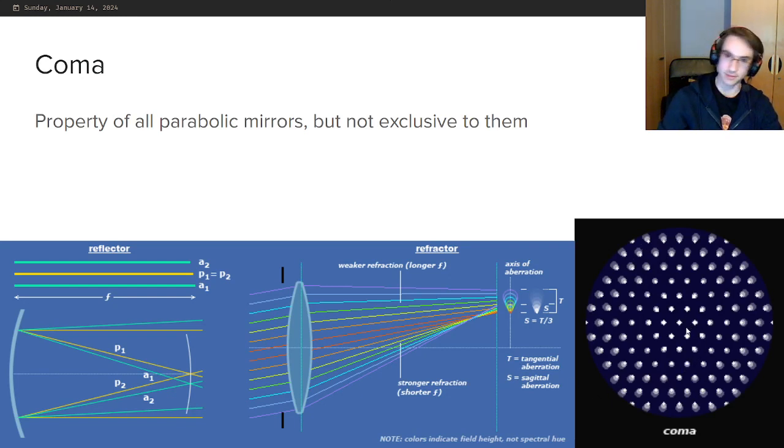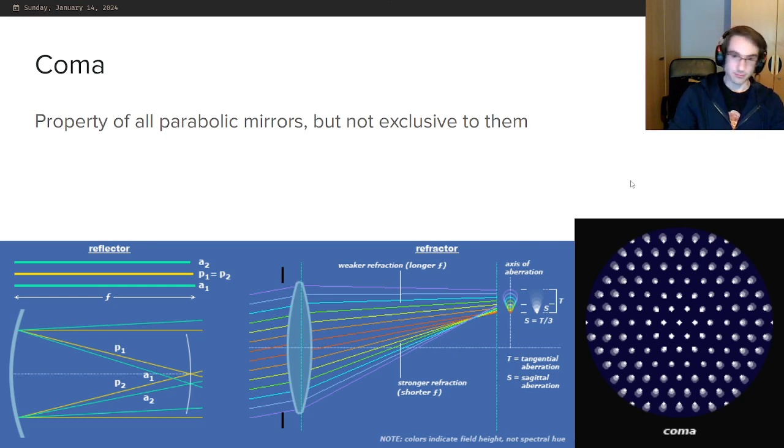So in the center of the field, nothing is wrong. But at the edge, you get a bright head and then a less bright tail. And this is always pointed towards the center of the field. This is somewhat reminiscent of the coma of a comet, so this is why we call it coma.